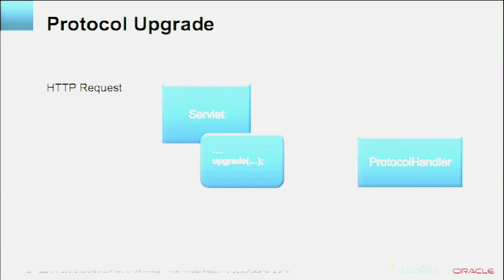Once it finishes, you also need to unwind all the filters, and then at the end, you are going to invoke the protocol handler. That is one of the reasons why we use a read listener, because the data may actually come after the service method of the servlet, and then they will call you back when the data is available.